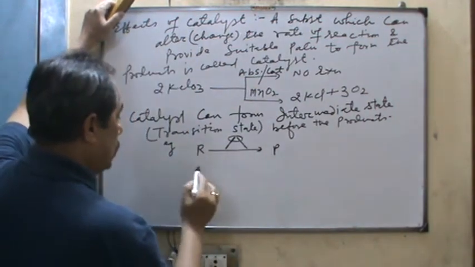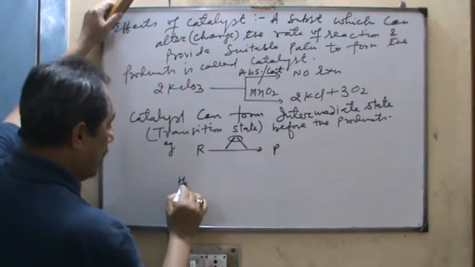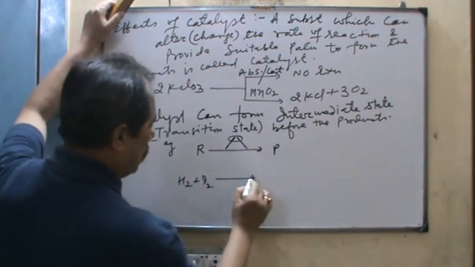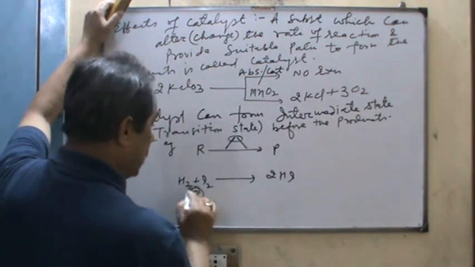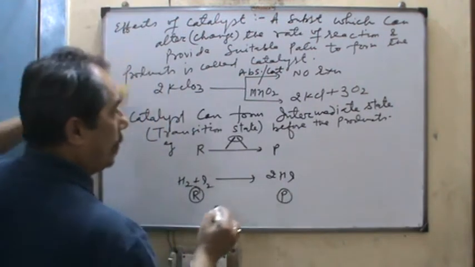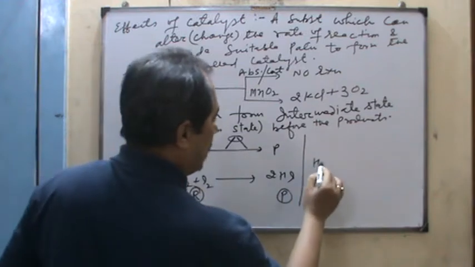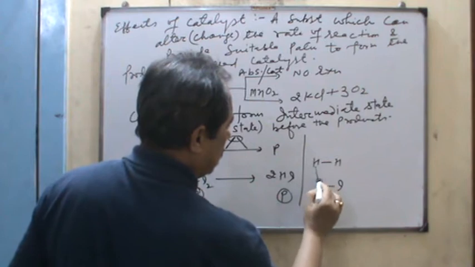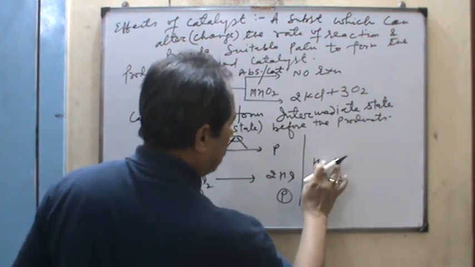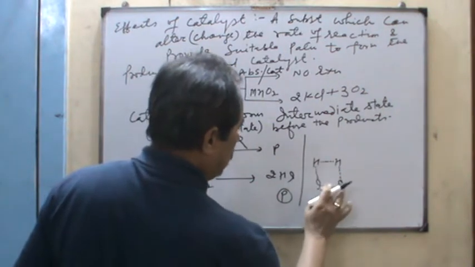So if you want to say H2 plus I2 gives 2HI, these are the reactants and these are the products. Whenever these two combine together, H–H and I–I, there is a bond, and that bond is a temporary bond.